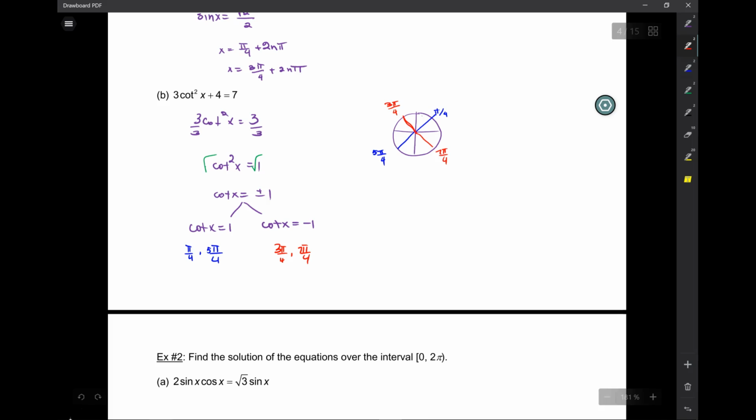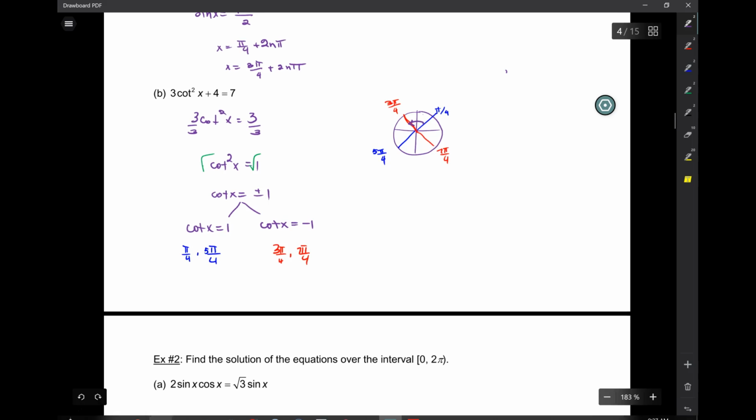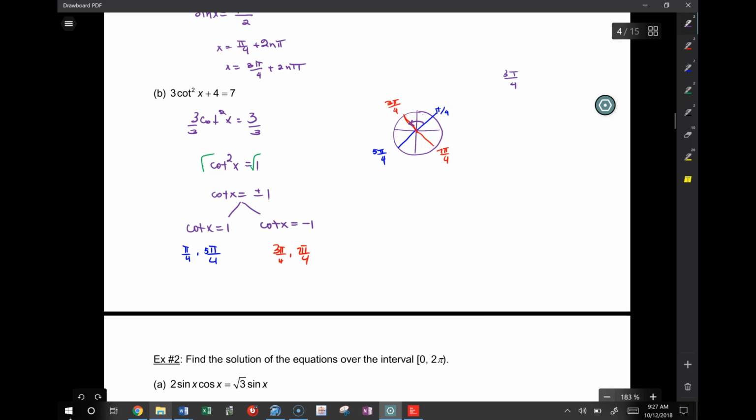But look at how often these repeat. How many degrees is there between pi over 4 and 3 pi over 4? If this is 45 and that's 135, there is a distance of 90, which is pi over 2.